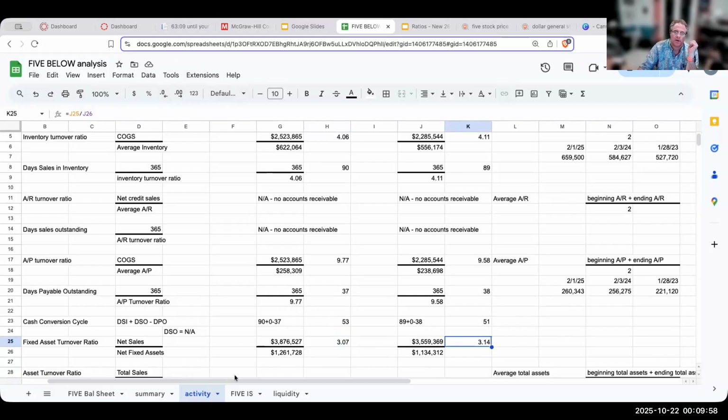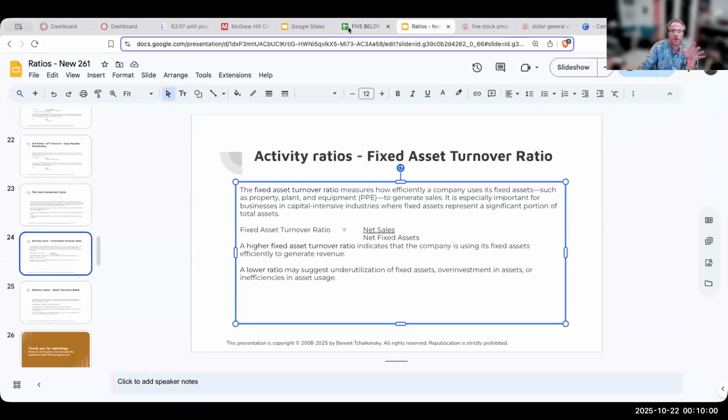Honestly, it depends. I'm not trying to intentionally avoid the question, but we would need to go through, and as you're doing this for your companies, you're going to be using this: the higher the fixed asset turnover ratio, the more efficiently we're using our fixed assets.